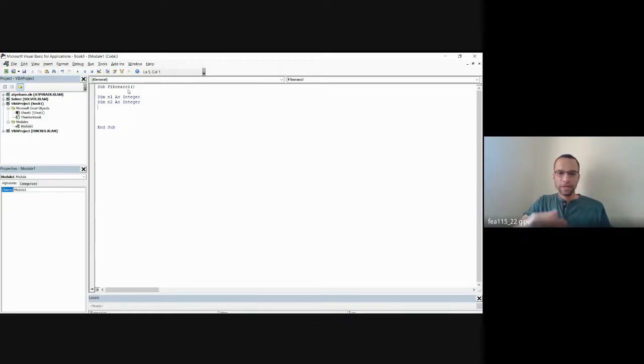So we can define a variable to hold that user input. Maybe Dim maximum, or maybe maximum val, or I'll keep it short, max val, as Integer. Naturally, this has to be an integer because the Fibonacci sequence is defined only for integers.